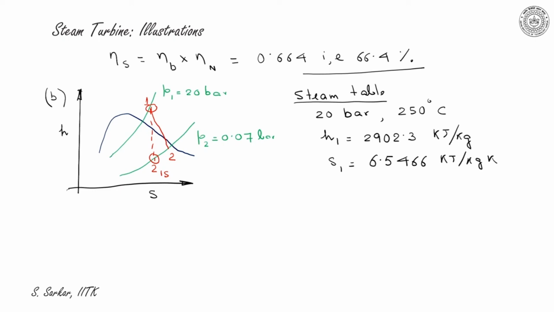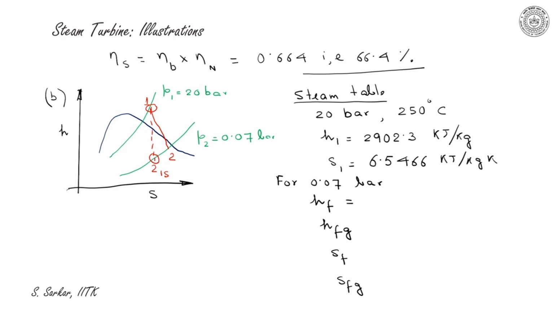So what I have done, I have gone to the saturation table, and corresponding to 0.07 bar, I've got HF, HFG, SF and SFG.